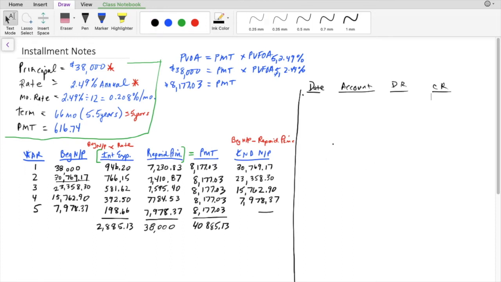So here's our journal. At the beginning of this purchase, what am I going to do? Well, I'm going to record equipment because I purchased this vehicle, and I'm going to debit equipment for, oops, $39,950.